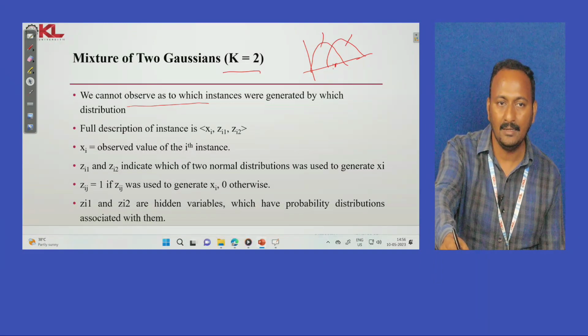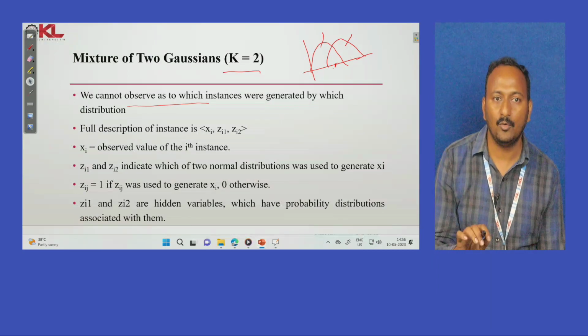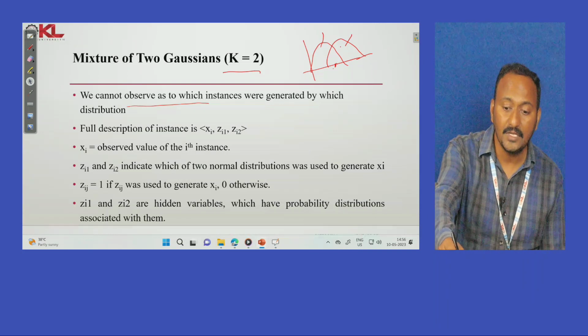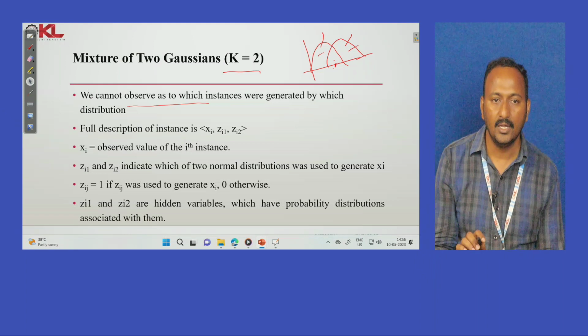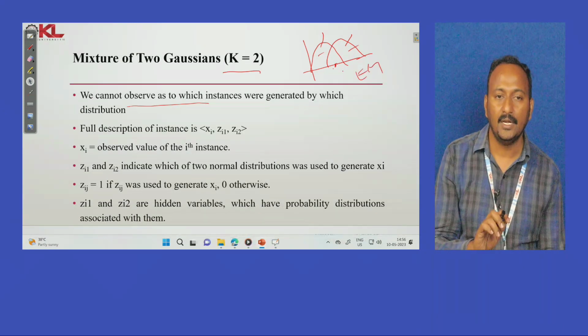This is the main problem if we have more than one Gaussian distribution. We need to identify which Gaussian distribution generated this instance, and with the help of the EM algorithm we can do that.